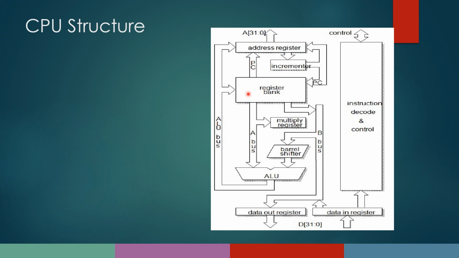So in case of the load and store operations, all the operations are carried out with the help of the registers. So it is a load and store architecture, that is, only with the help of the registers the data is going to be manipulated, and we have no data memories here. So all the load, store operations etc. are performed in the register itself. So the register bank has got a lot of importance.